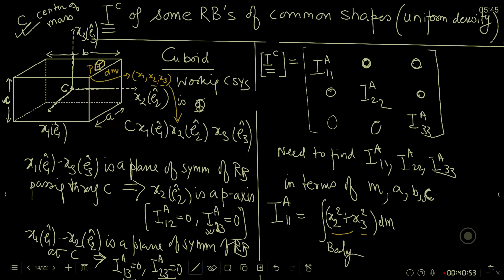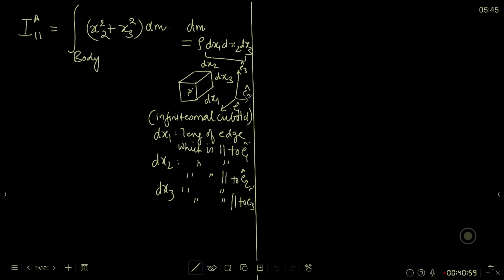Okay, so in that way dm is this, where rho is density of RB material, right? So density times volume, dx1, dx2, dx3, the product is nothing but the volume of the infinitesimal cuboid.